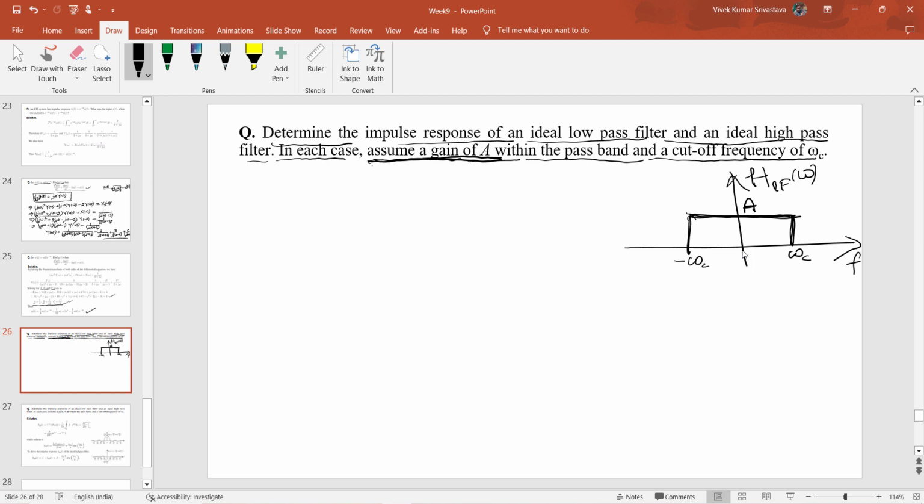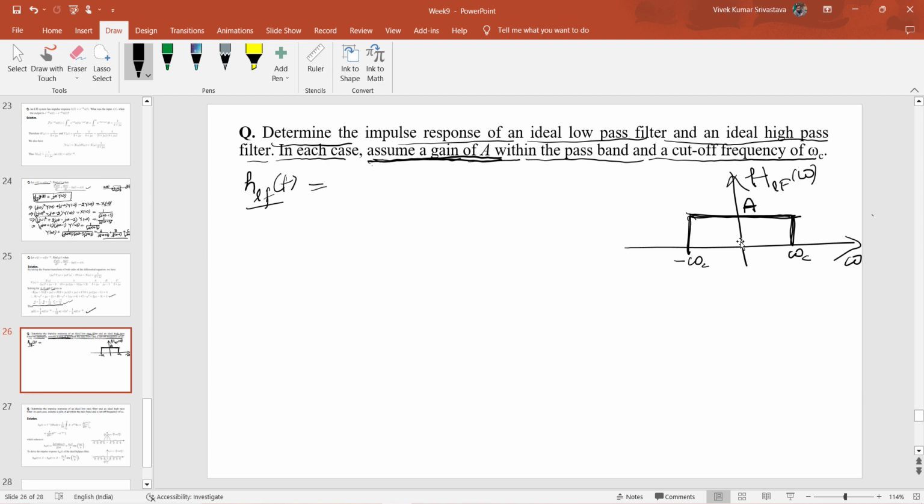Okay, so now we have to determine the impulse response of the system. It means that we have to determine the value of h LF in the time domain. As we already know the frequency domain representation of the low pass filter, by using the inverse Fourier transform we can easily evaluate its impulse response.